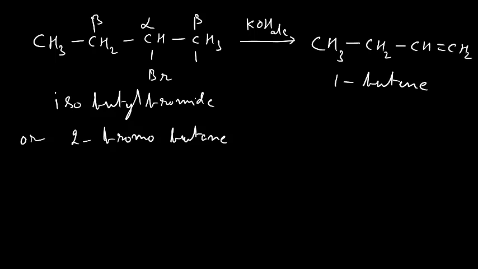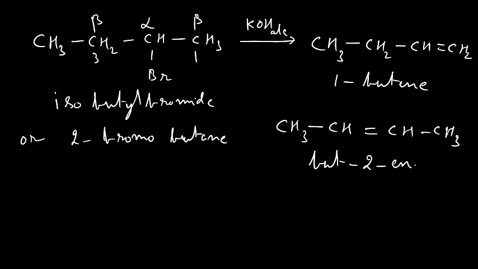Suppose a hydrogen is removed from the third carbon, then what is the product? The product is CH3, CH, double bond CH, CH3. What is this substance? But-2-ene, or 2-butene.